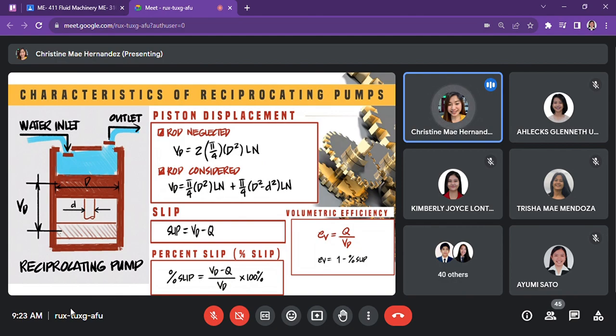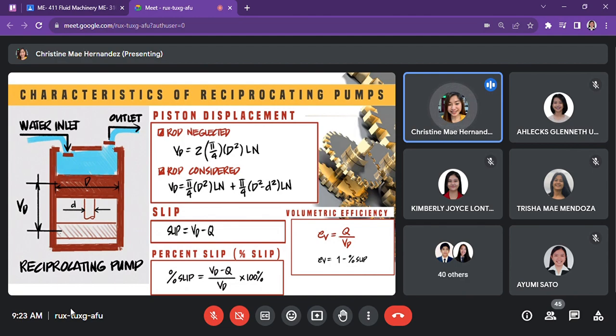So meron din tayong slip or yung ating slippage is equal to piston displacement minus the volumetric flow rate. So percentage slip or slippage percentage is equal to piston displacement minus volumetric flow rate over the piston displacement times 100%.